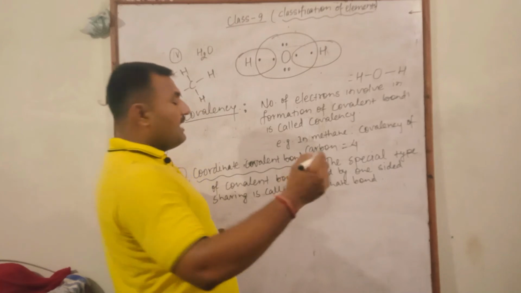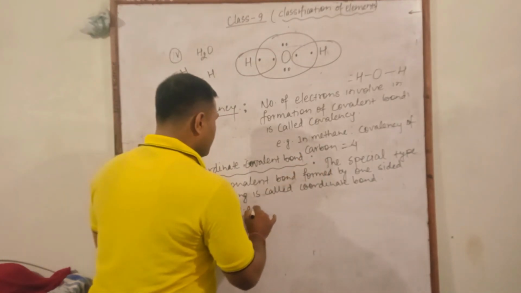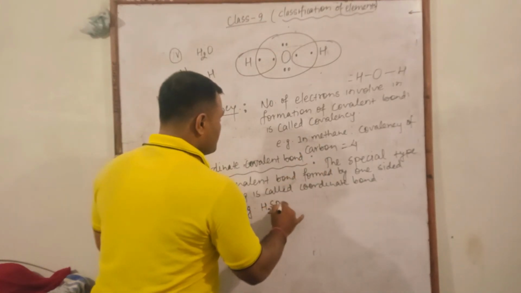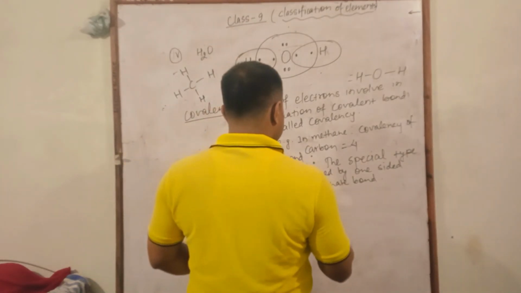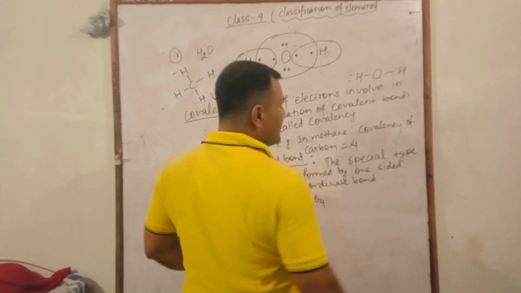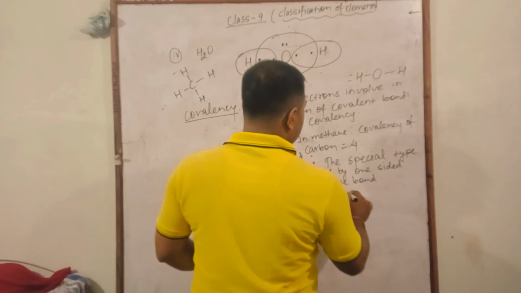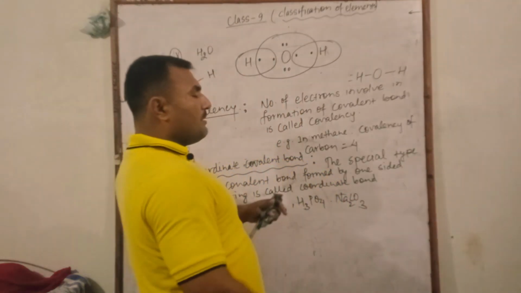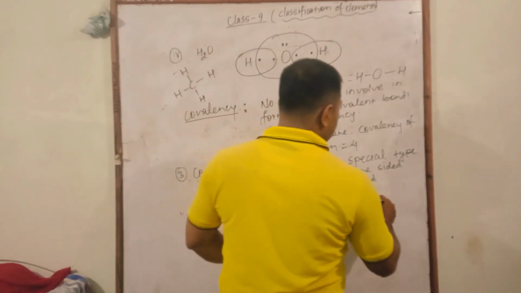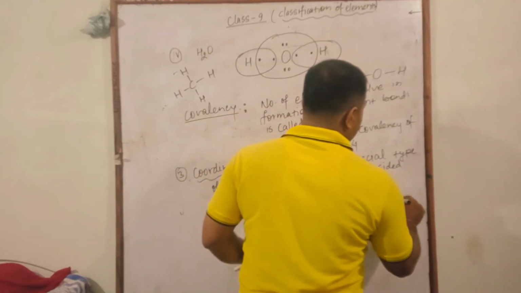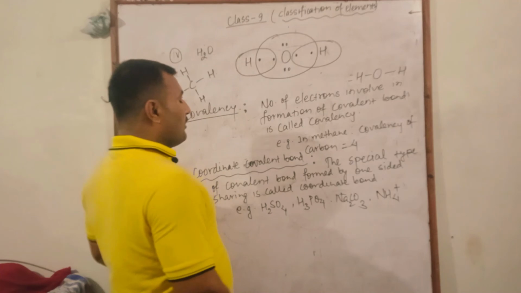Or coordinate covalent bond. As for example, in sulfuric acid, which bond is present? Coordinate covalent bond. In phosphoric acid, which bond is present? Coordinate bond. Similarly, in sodium carbonate, which bond is present? When compound radicals are there, then generally coordinate covalent bond is present. Like in the ammonium radical, coordinate bond is found.